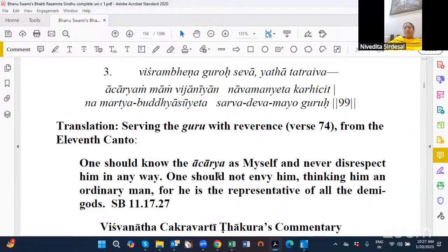Don't have any disrespect for your spiritual master. Don't consider them to be an ordinary being. All the devis and devatas lie at the lotus feet of our spiritual master. This we should chant every day so that we have great respect for our Guru Shishya Parampara.